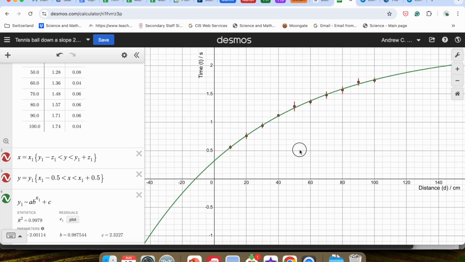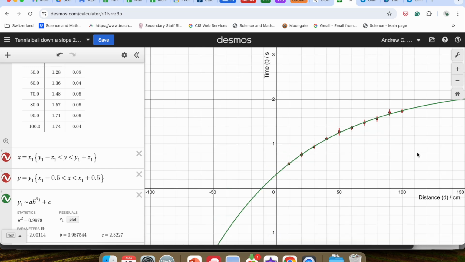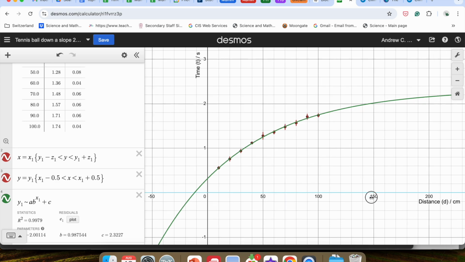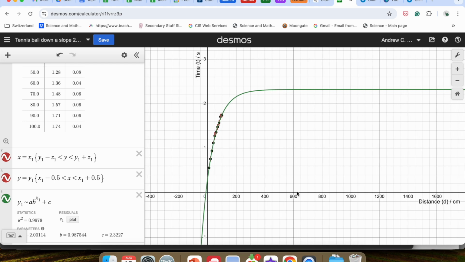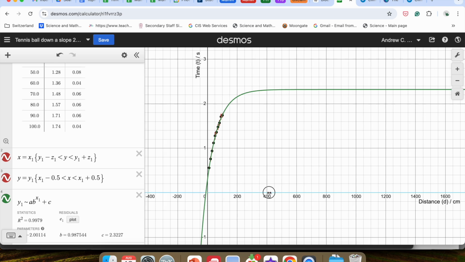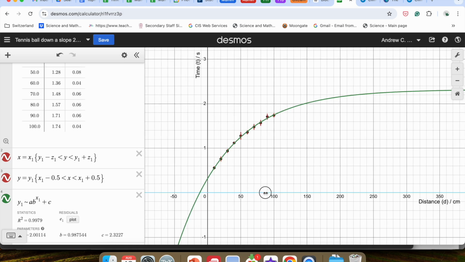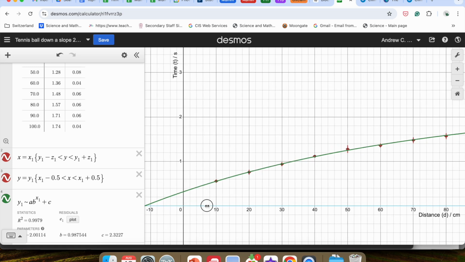And again, you can see how this model accurately fits all my data points in the range 10 to 100 centimeters, but it doesn't make sense that when I increase the distance more and more, the time it takes should level off to some constant value. There's an asymptote here. That doesn't make sense. By the way, I'm holding shift down and dragging the axis here to easily rescale the axes. Okay, so that model also fails.